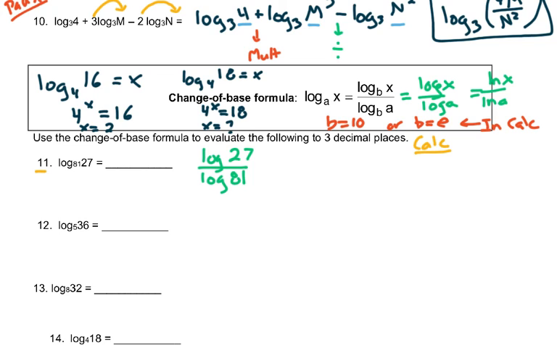So it depends on the type of calculator that you're using. If you are using the ones that you used for Algebra 1 and Geometry, your keystroke would be 27 log divided by 81 log and then equals.